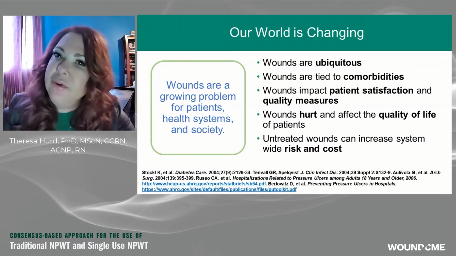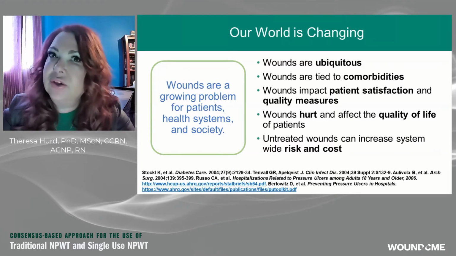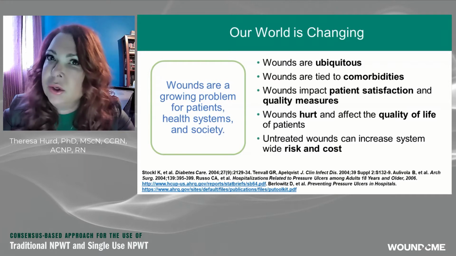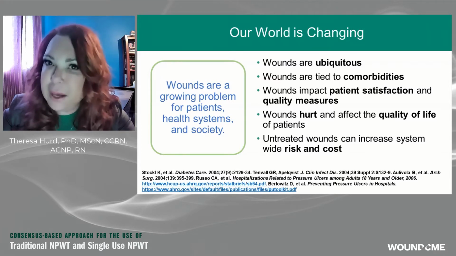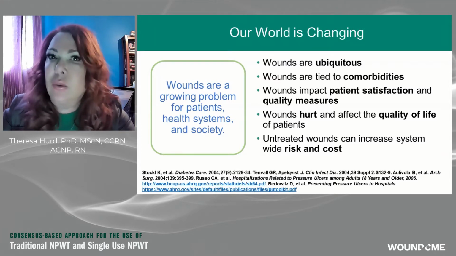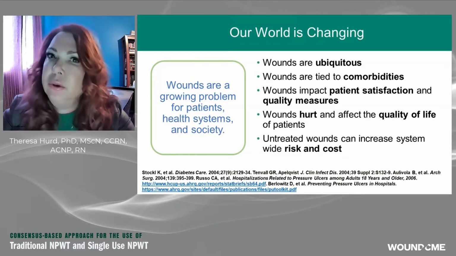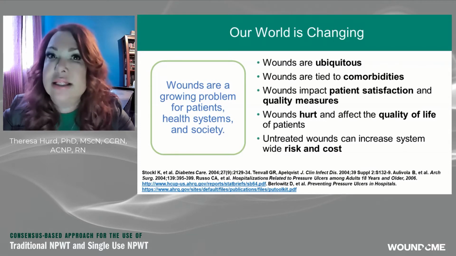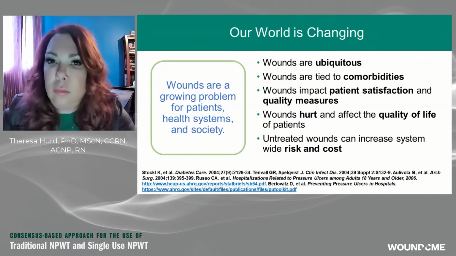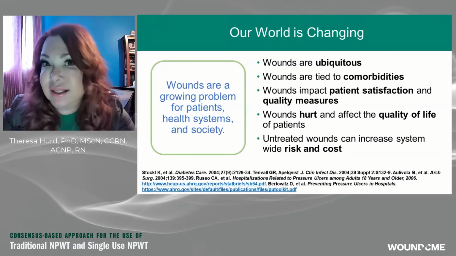So what we have to think about when we're looking at these comorbidities and these wounds is the impact to the patient, which means that we want to get these wounds healed as quickly as possible. The longer the patient has the wound, the more impact, the more pain, the more suffering, the risk of more critical things happening to the patient, such as amputation and sepsis.